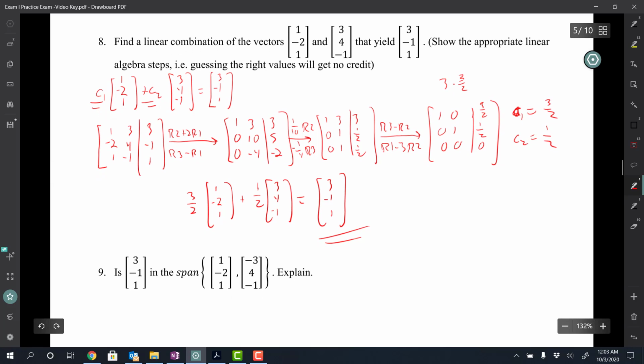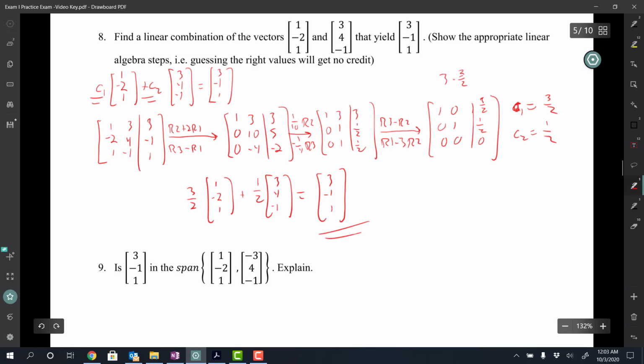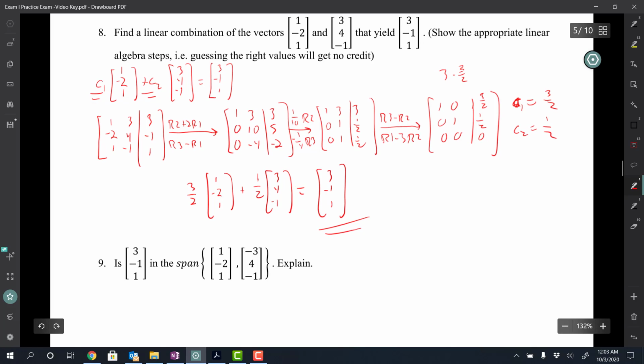Number 9 says, is this vector in the span of these two vectors? And notice all these vectors are the same from question 8. And so we're demonstrating not a different question, but just a different way to ask basically the same question. The span of two vectors is the set of all linear combinations, which means asking if 3, -1, 1 is in the span is just saying, is there a linear combination that brings us to it?